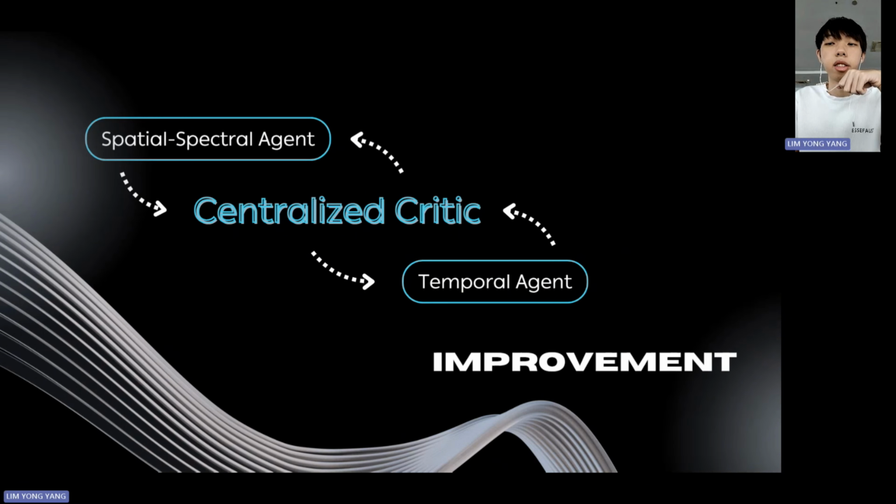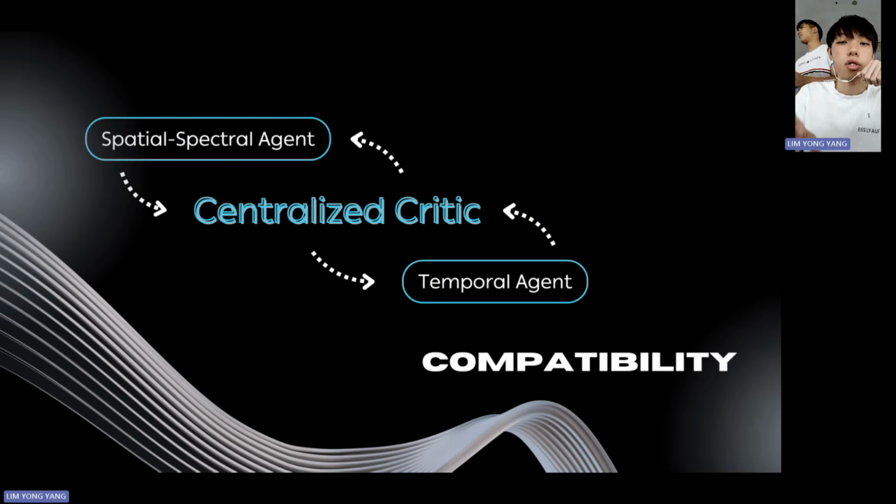The next thing is the improvement. It's not just introducing a new structure, but it did improve performance with this structure. And the third thing is the compatibility. The whole Mars structure is about the feature extraction part.